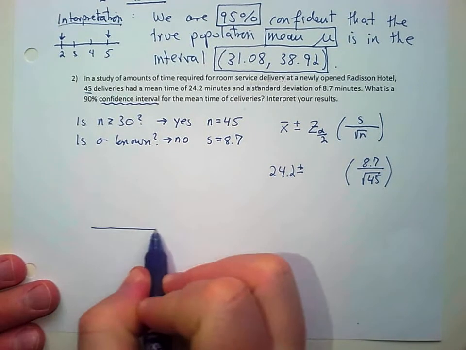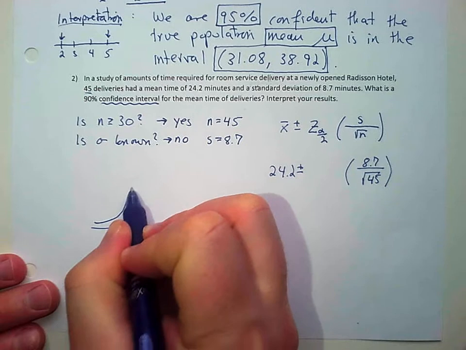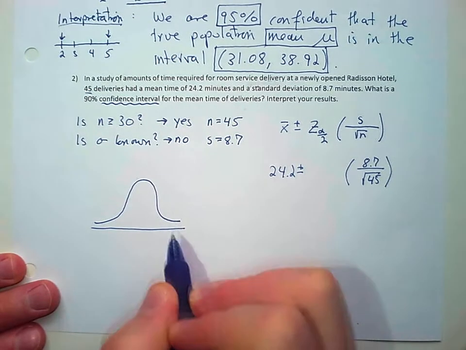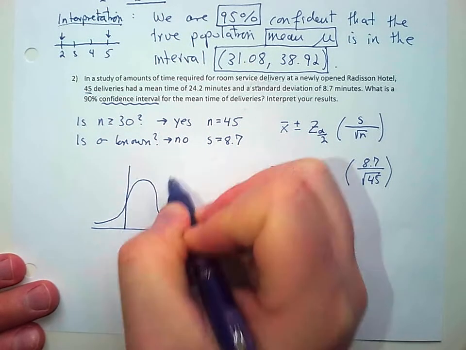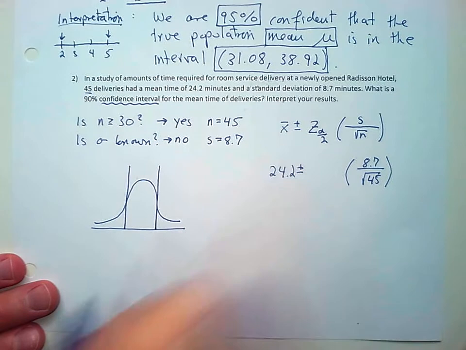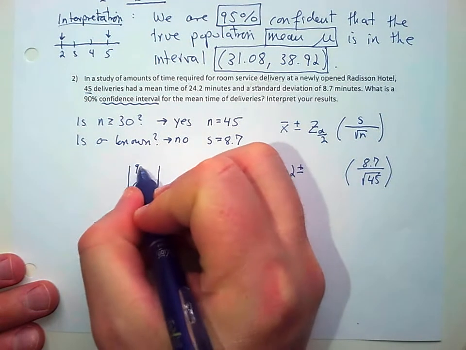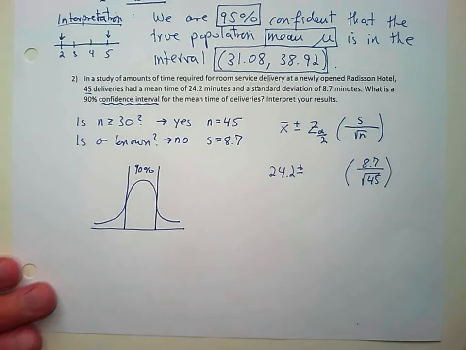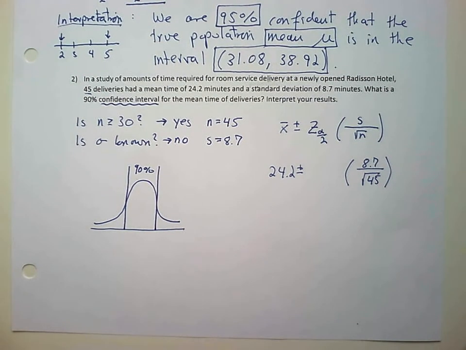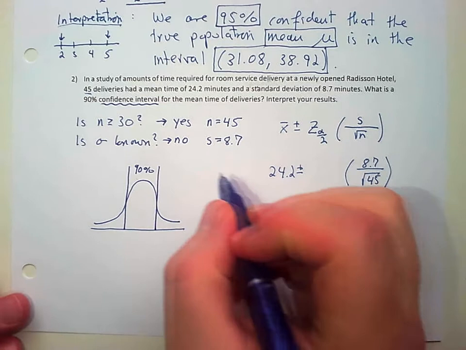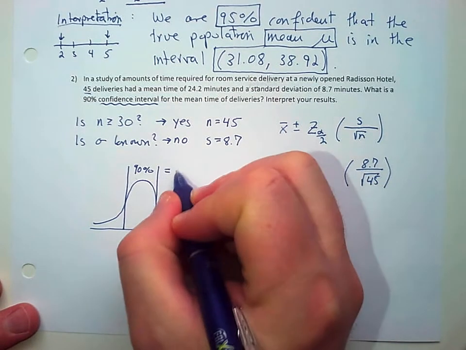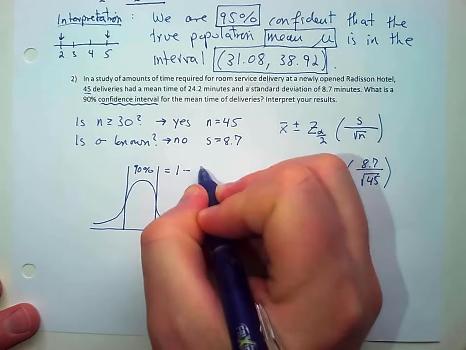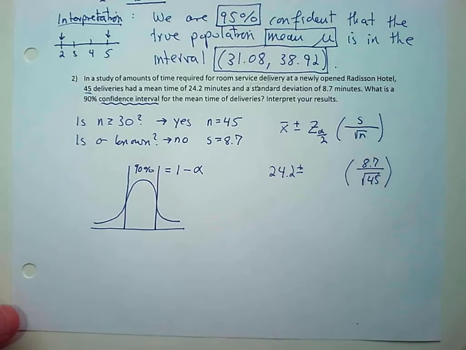So let's do it. Since we're using z-values, we know that we can use our standard normal distribution. Here in the middle is where we're going to put our confidence level. And now our confidence level is 90%. What's the formula that goes along with a confidence level? The formula for a confidence level is 1 minus alpha.